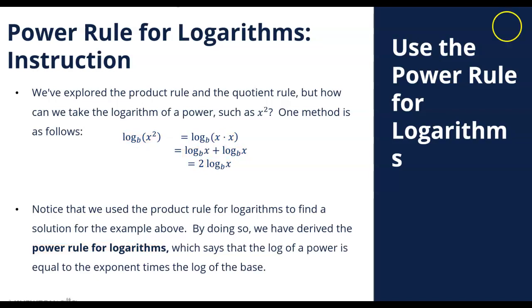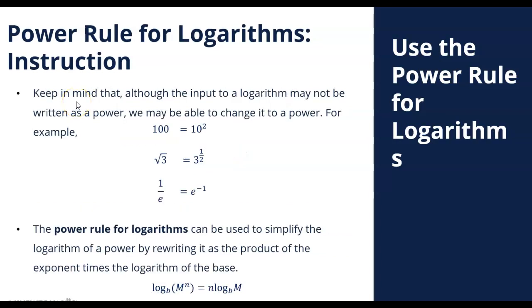Now, if you notice, in the final answer, if you compare this with the given expression, this is the same as taking this power and putting it as a coefficient and then copying this expression. So the rule that is being applied here is called the power rule for logarithms, which says that the logarithm of a power is equal to the exponent times the logarithm of the base.